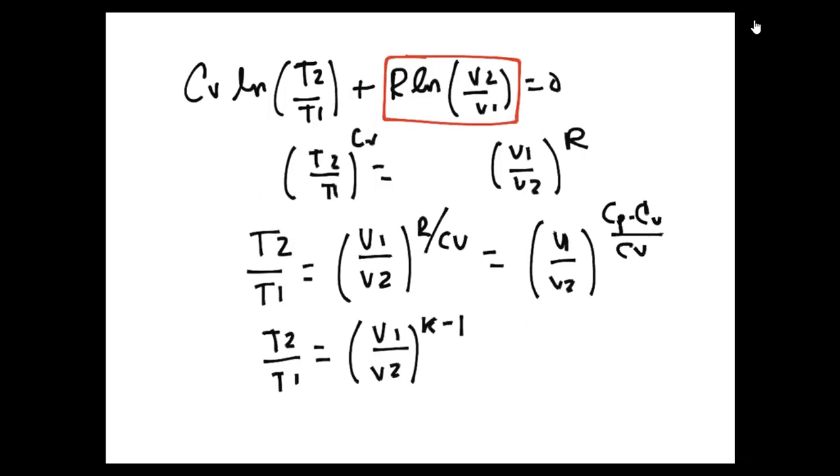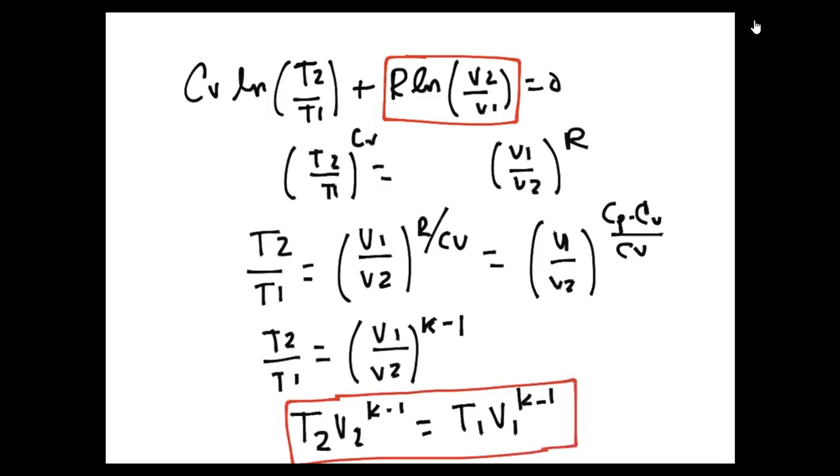And then we can work this out, at the end, by stating that T2 V2 to the k minus 1, with k minus 1 only affecting the volume, is equal to T1 V1 to the k minus 1. So this is one useful expression for an isentropic process.